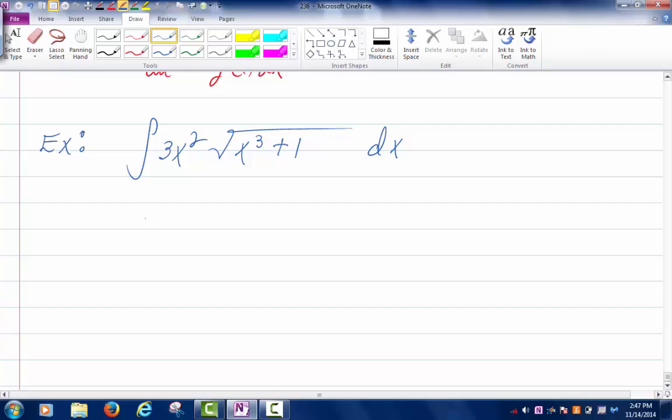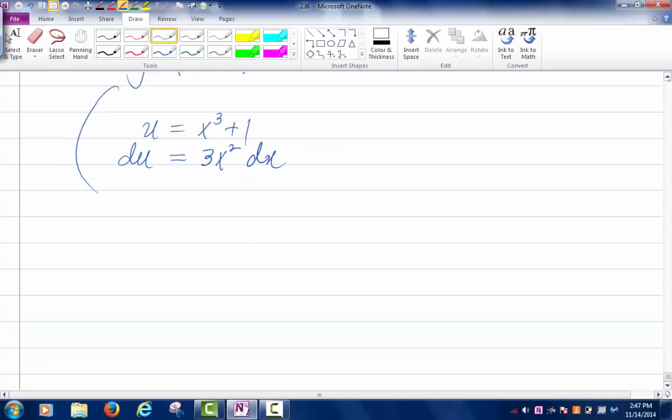So we are going to pick a u, which is x cubed plus 1. And then what is the differential of u? The differential of u would be then 3x squared dx, right? Everybody's okay? Now I'm going to make the substitutions here.